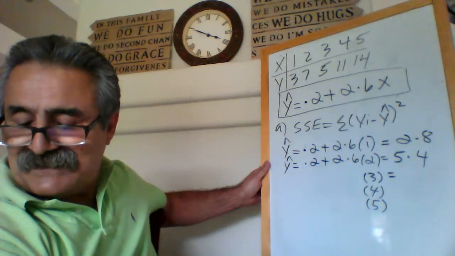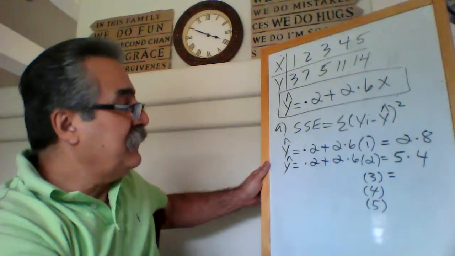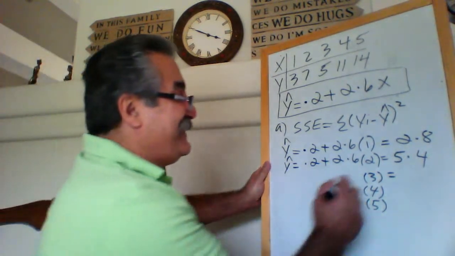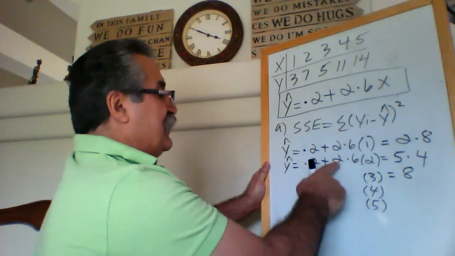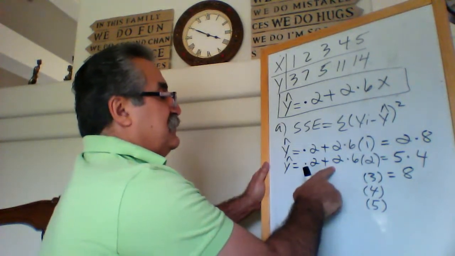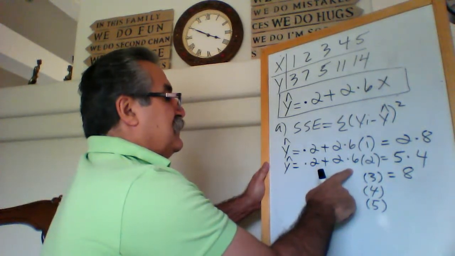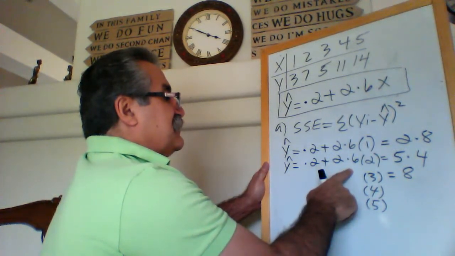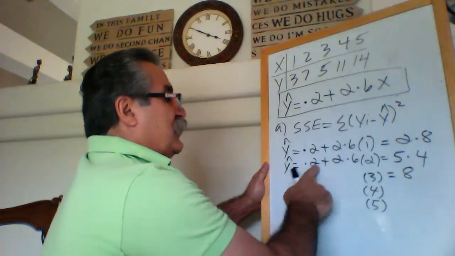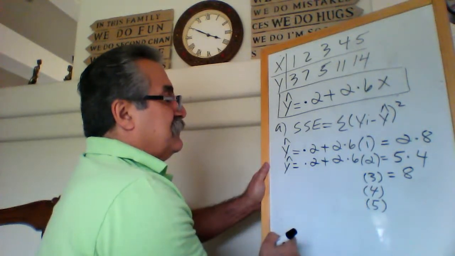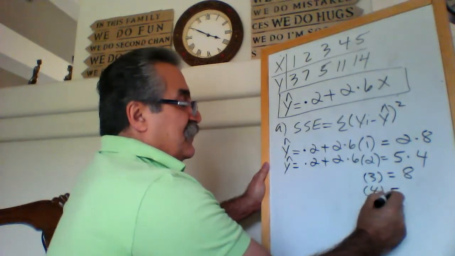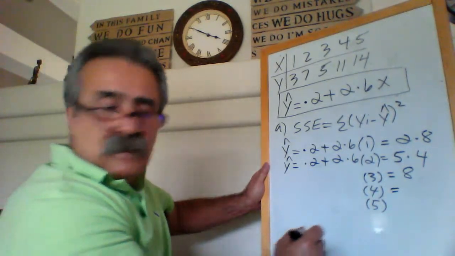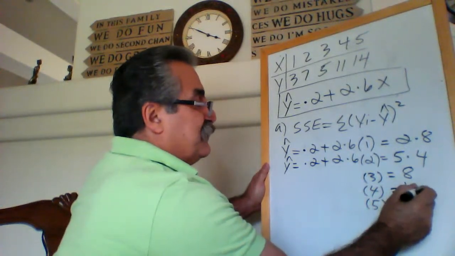This is 5.4. The other one is 8: 3 times 2.6 is 7.8 plus 0.2, that's 8. And then when x is equal to 4, it is 10.6.